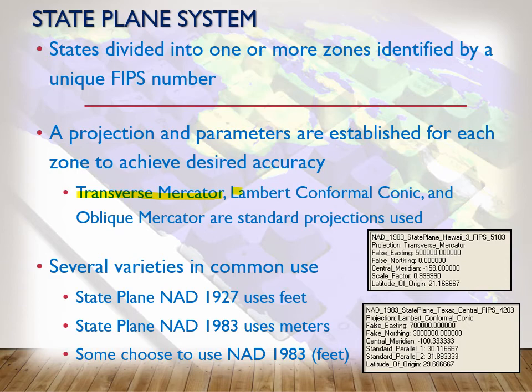But if it has a more east-west orientation, it uses a Lambert conformal conic. Sometimes state plane zones use feet, so you got to be careful. The UTM uses meters, and a lot of the state plane ones, especially with NAD 1983, will use meters, but sometimes you will see feet.